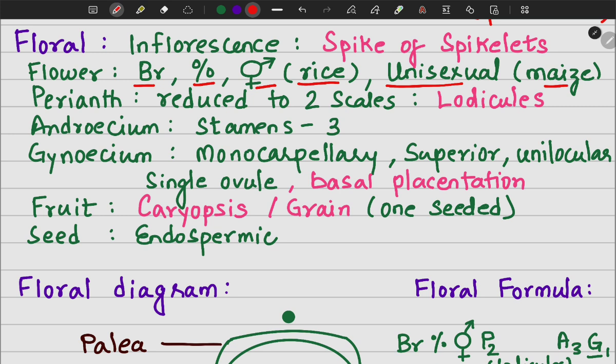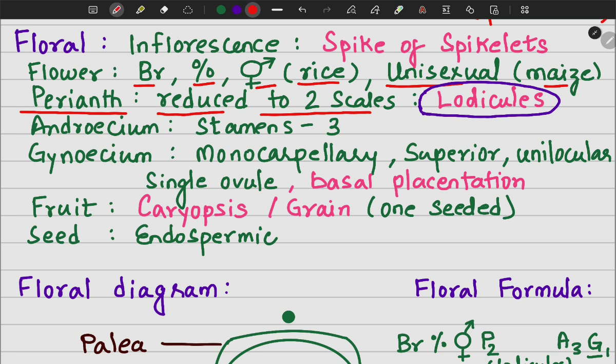Now if we talk about calyx and corolla, they are not distinct here and are present as perianth. And the perianth is reduced to two scales which are called lodicules.